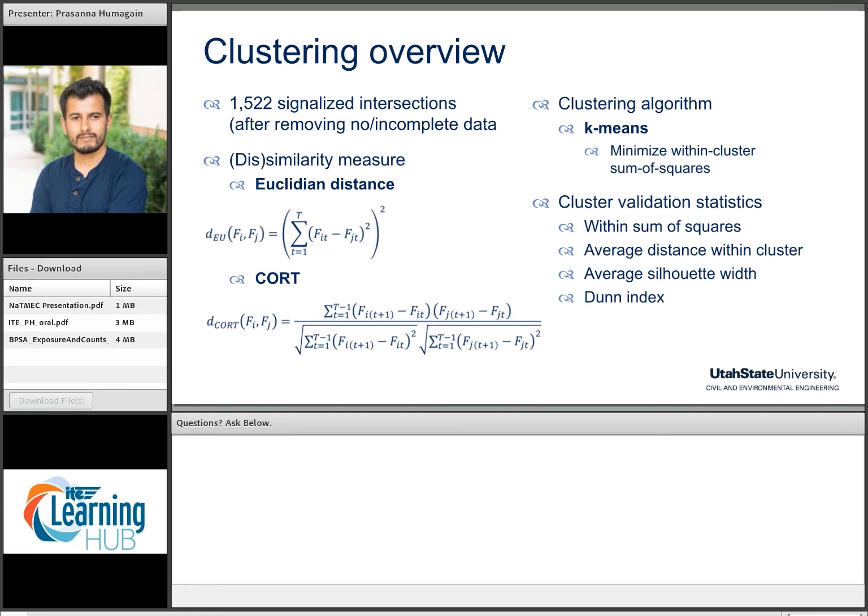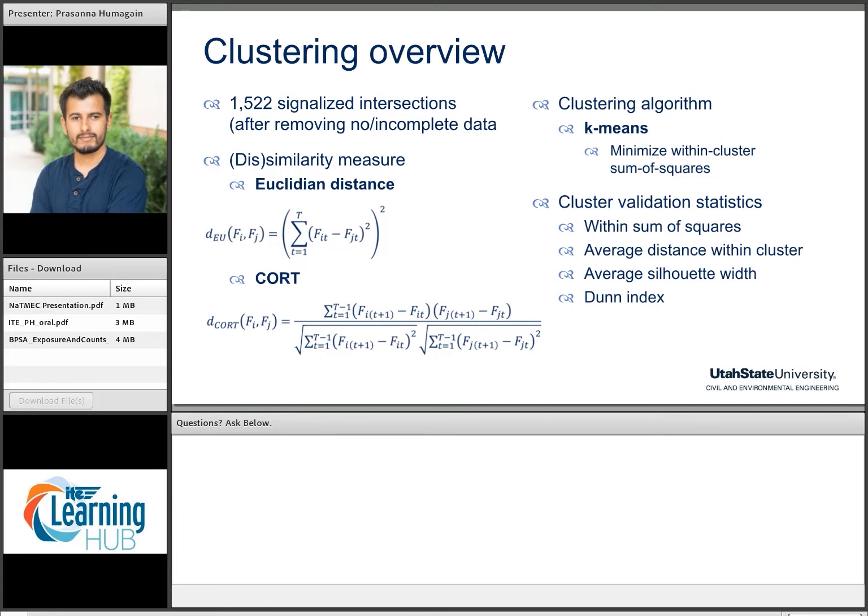So after calculating the pedestrian activity metrics for each measure, we then proceeded with clustering. Only 1,522 signalized intersections remained after removing incomplete data. The first step in clustering is to select a dissimilarity measure.